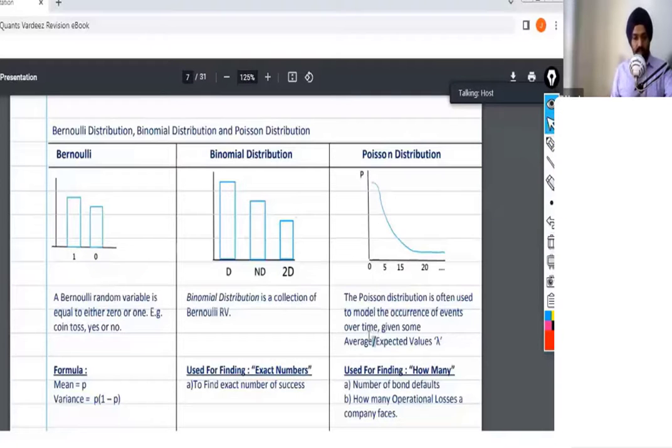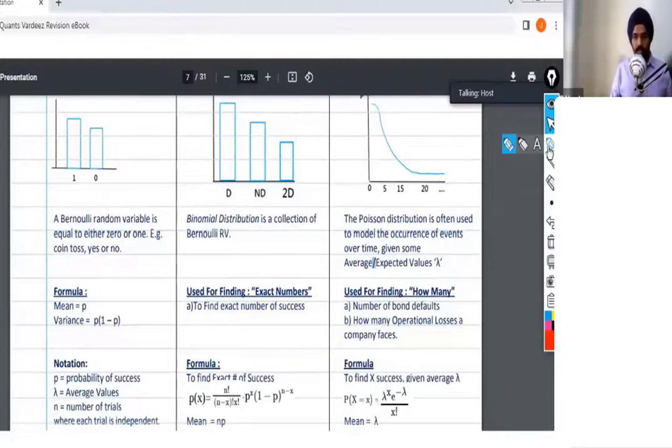Now, the main thing that you need to understand from the Bernoulli is that this is how the PMF actually looks like visually. But the main thing is the formula that we have, which is the mean and the variance. Okay, the mean is P, the probability of success.